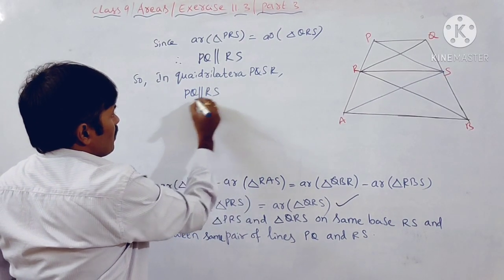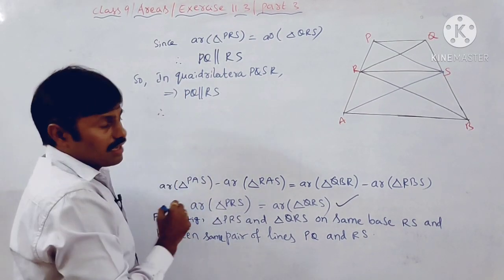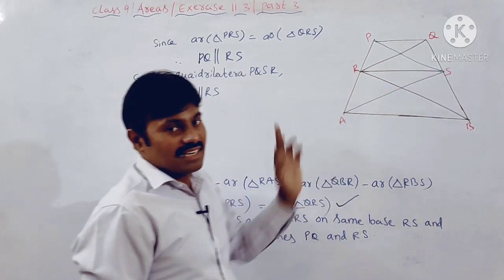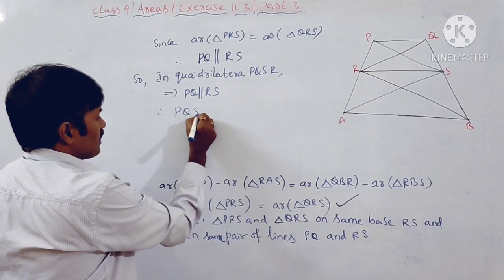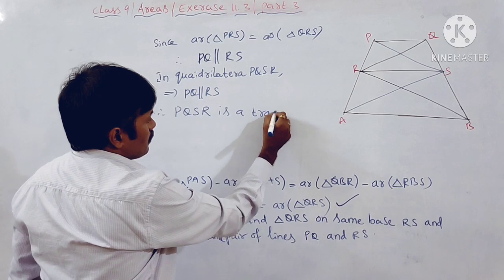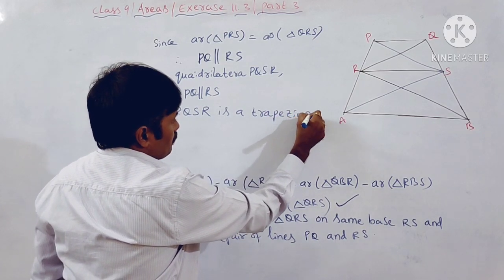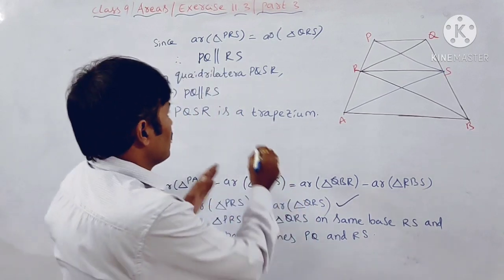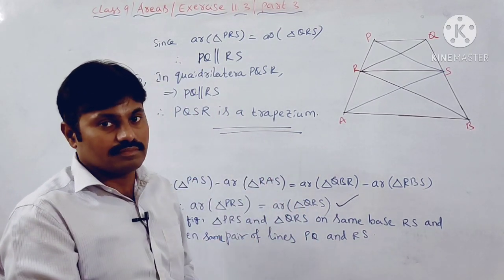PQ is parallel to RS. So therefore, what can you say about this one? PQSR is a trapezium. So then the solution has been completed.